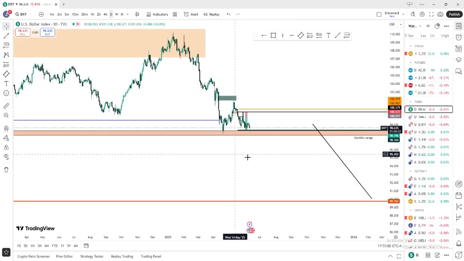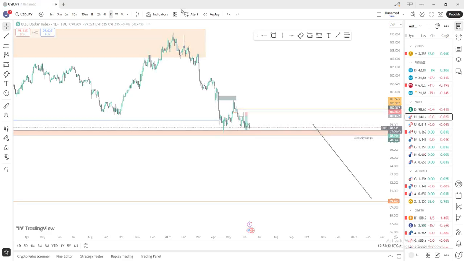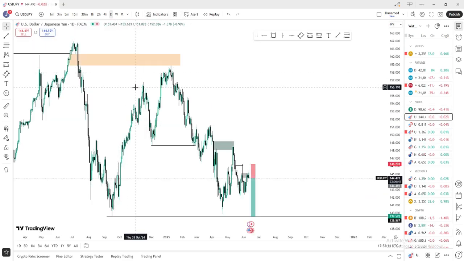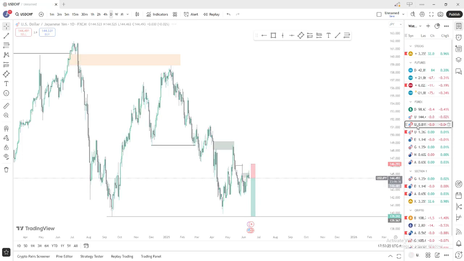You can see this is just noise. Then, what I practically did is arrange the DXY, like the dollar. This is USDJPY. This is the dollar index. This is US dollar, I think Swissy.